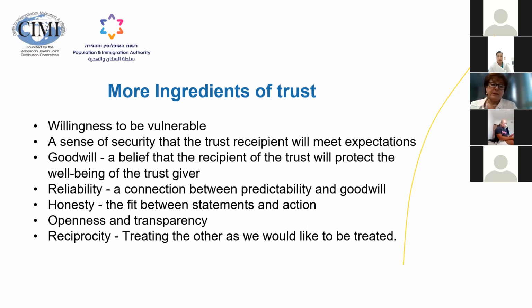Okay, honest is a fit between statement and action. If you make a mistake, it's okay, but you have to come forward. If you start by manipulating the situation, that causes mistrust. So everybody makes mistakes, but you must be brave enough and open enough to admit if you make mistakes, that's fine, okay?